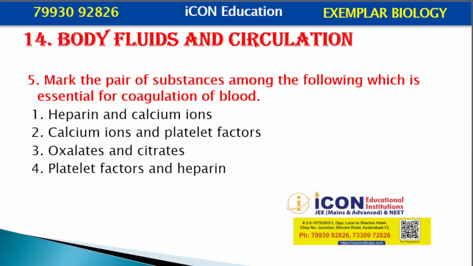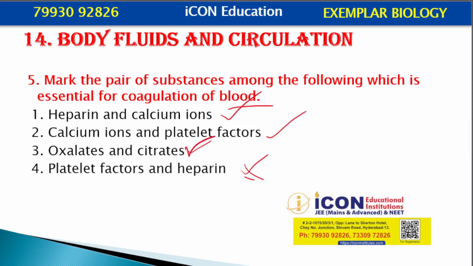Mark the pair of substances among the following which is essential for coagulation of blood. Blood clotting. Given options: heparin and calcium ion; calcium ion and platelet factors; oxalates and citrates; platelet factors and heparin. Heparin is an anticoagulant, not for coagulation, so we remove that option.